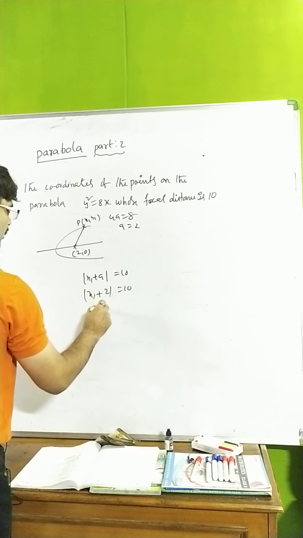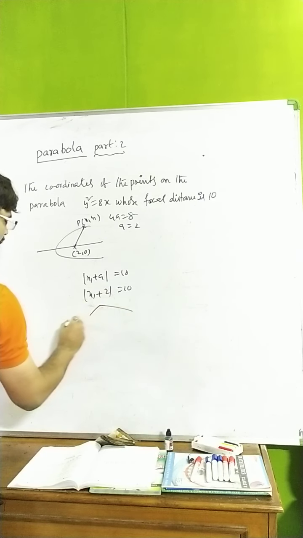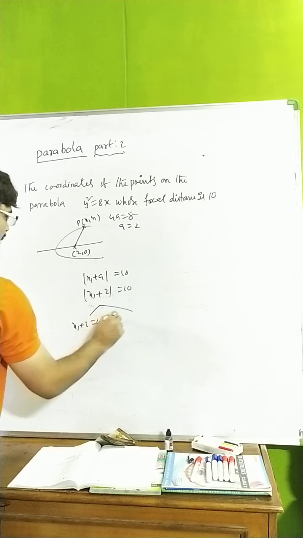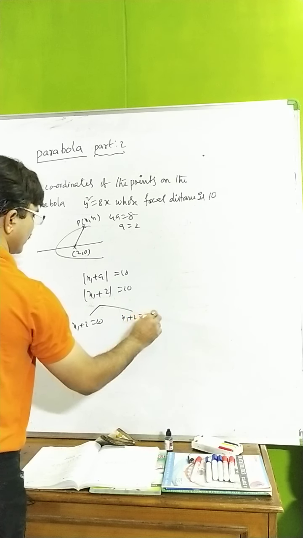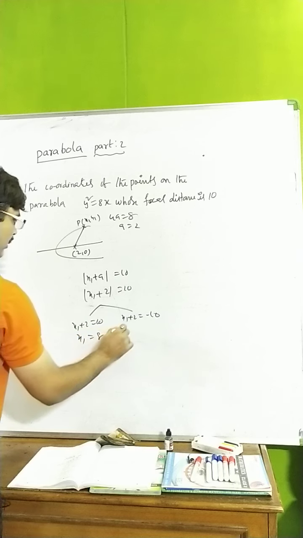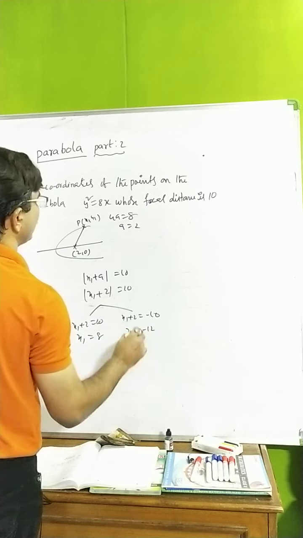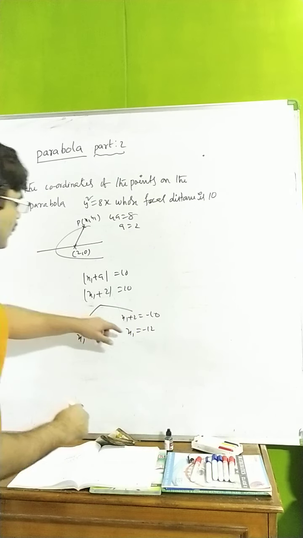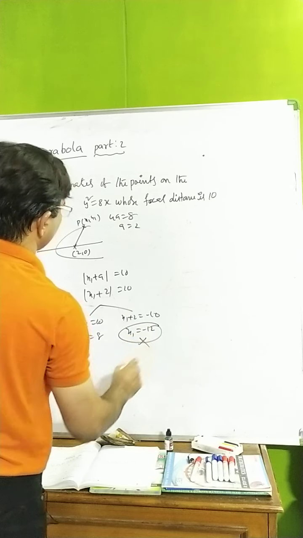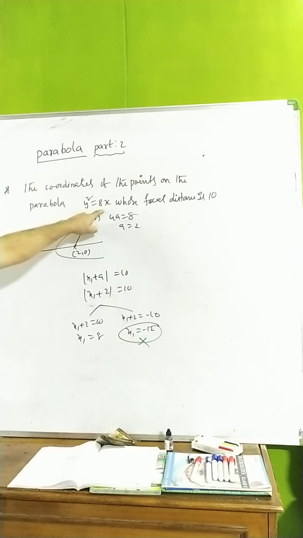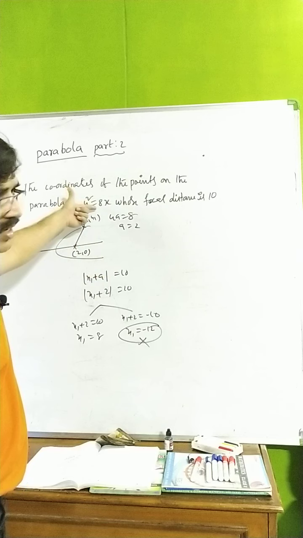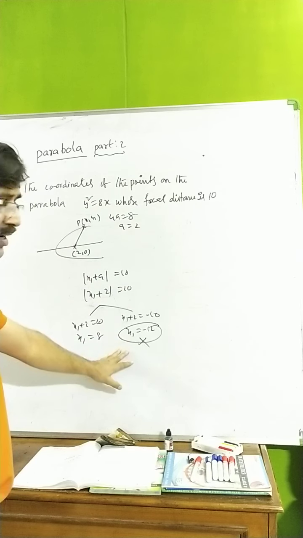So there are two chances: x1 plus 2 is equal to 10, or x1 plus 2 is equal to minus 10. So x1 is equal to 8 or x1 is equal to minus 12. But one thing is very clear, the negative one never exists. Why? Because x1, y1 lies on the parabola, and a square quantity cannot be negative, so leave it.